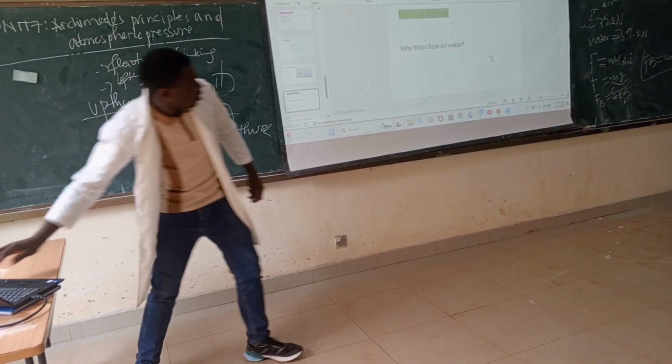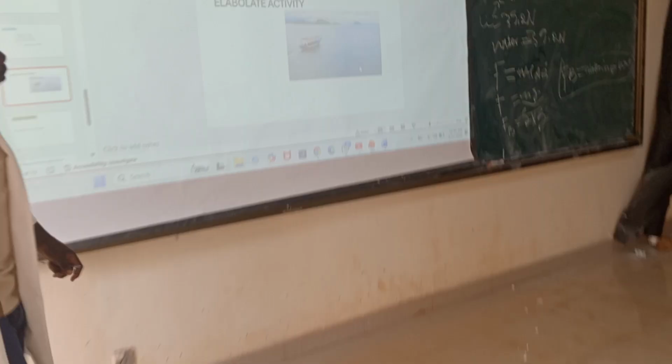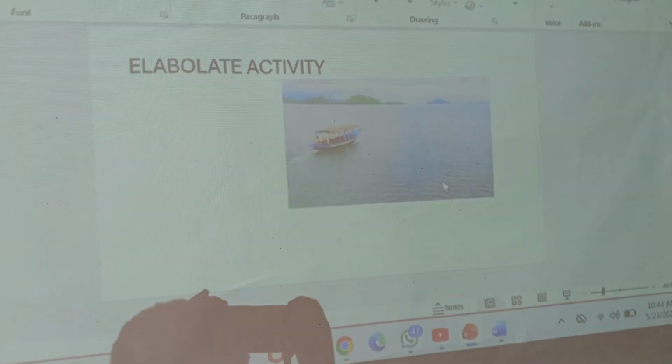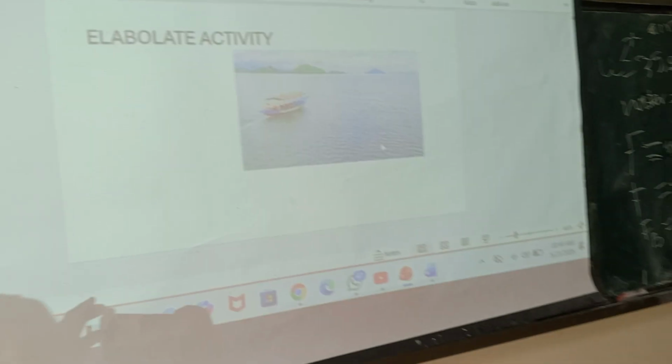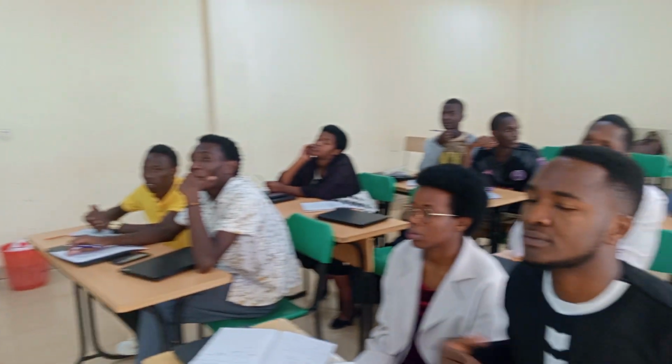You see this image? Try to observe this image. We have a boat which floats in the water, moving on the water. Our question is why ships float on the water?